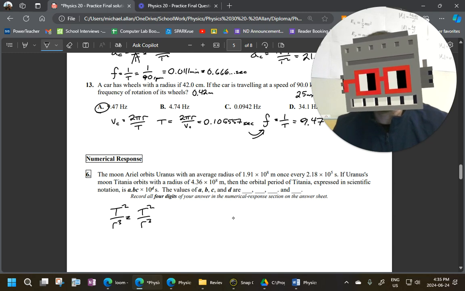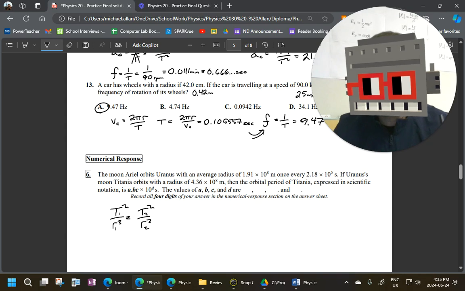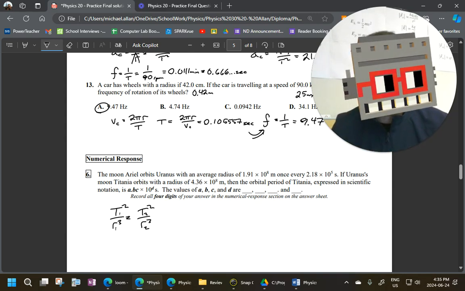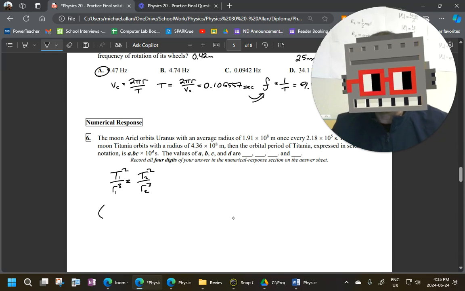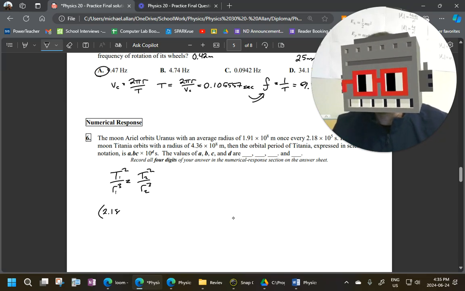This formula is on your formula sheet now. I can put the information here. This side would just be one object, this would be another object. As long as they're orbiting the same thing, in this case they're both orbiting Uranus, I can put the two numbers in here and then cross multiply divide.